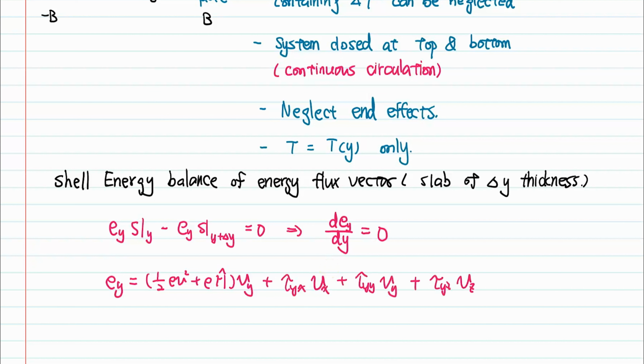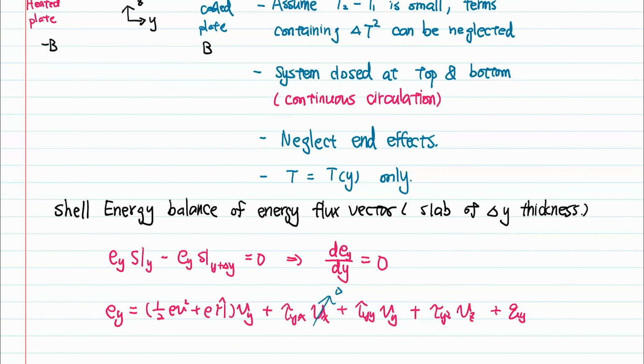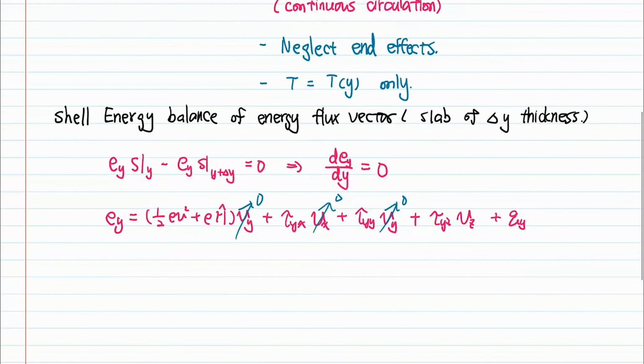We also have the heat conduction in the y direction. Here we don't have Vx, and we don't have Vy either. We might have Vz, so we'll keep that. So Vy is 0.